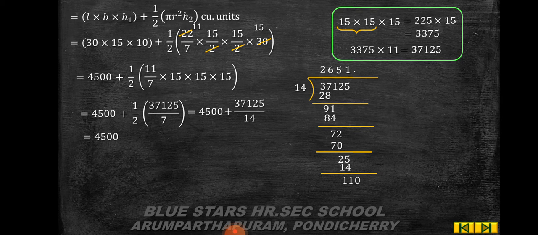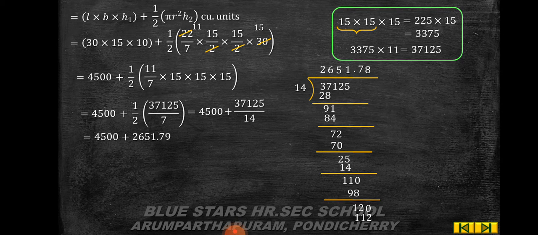So put the decimal, add 1 0. 7 times 98, you get the remainder 12. Add 1 0, then 8 times 112, you get the remainder.